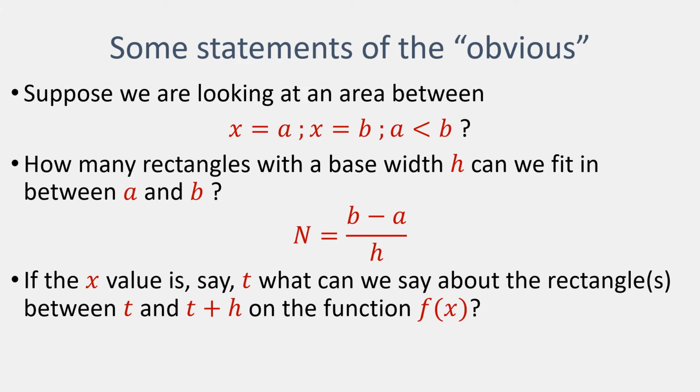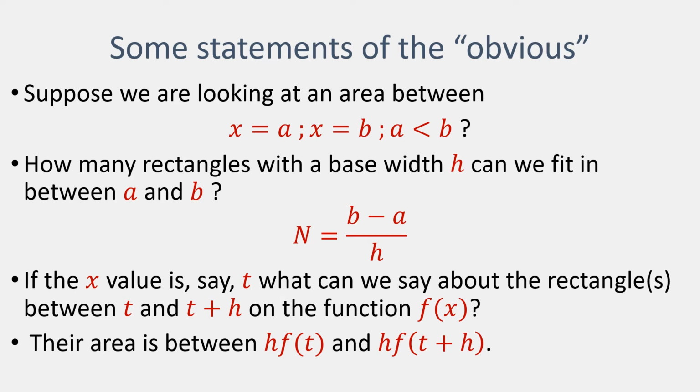What can we say? Let's suppose we've chosen a value of t. What can we say about the rectangles between t and some point t plus h when we are looking at an arbitrary function f? Well, one thing we can observe is that the area that is covered by that rectangle must be some value between h multiplied by the value of the function at t and h multiplied by the value of the function at t plus h.